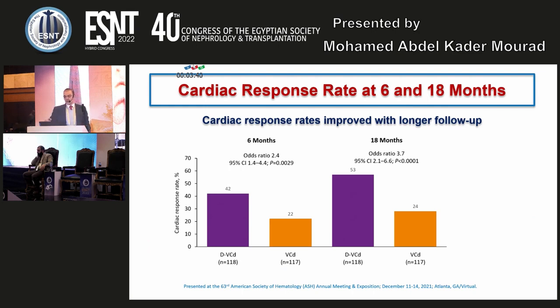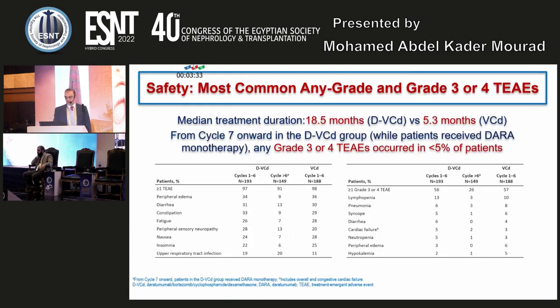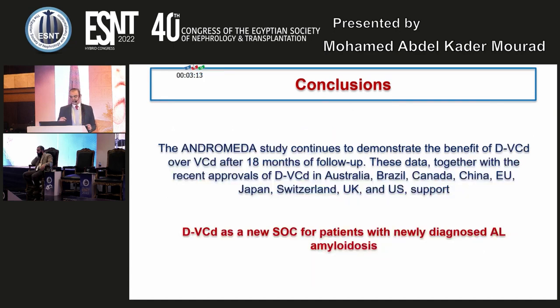The cardiac response improved with time, and the renal response also improved with longer follow-up, with no addition of safety signals regarding those drugs. So in the ANDROMEDA trial, over 2 years, it significantly improved hematological remission, and it deepens over time, and the rate of organ response, either cardiac or renal, continues to increase without safety signal.